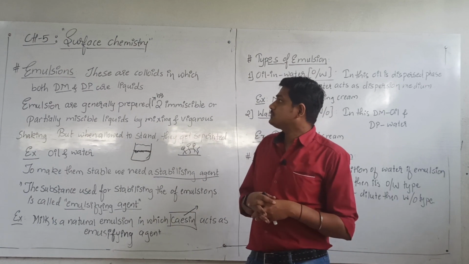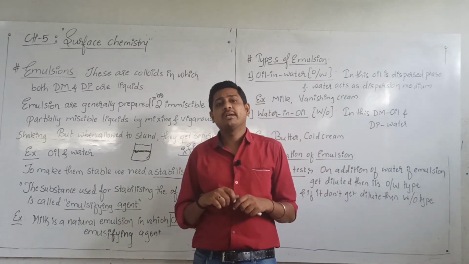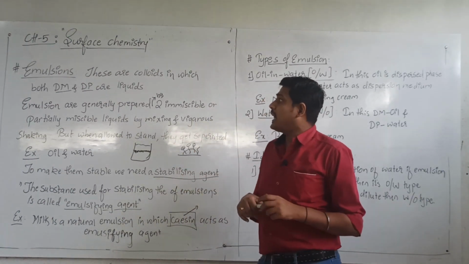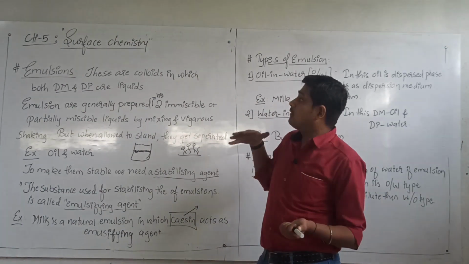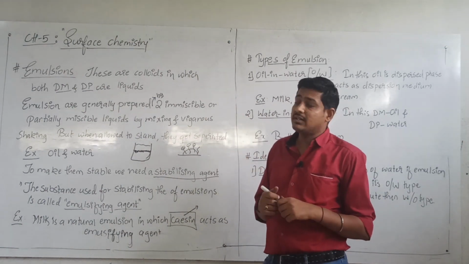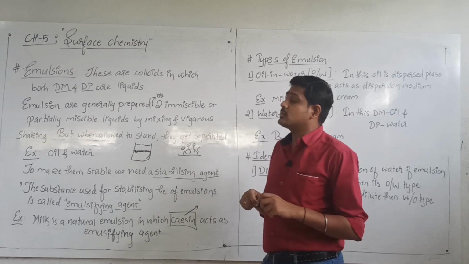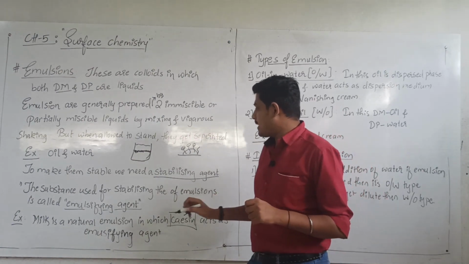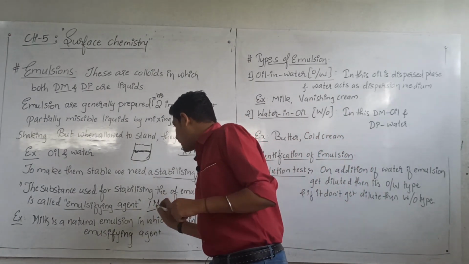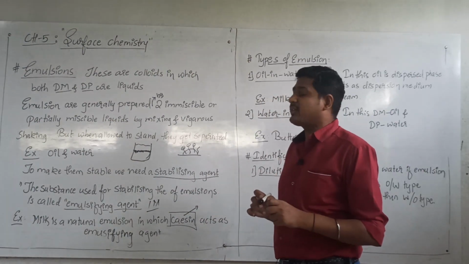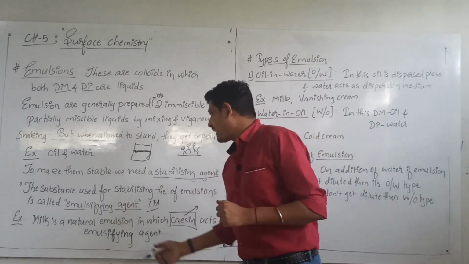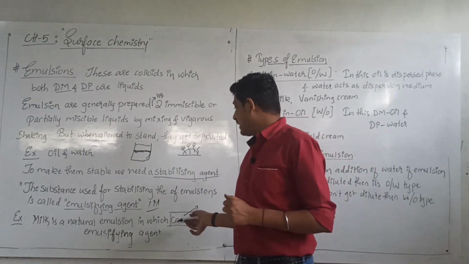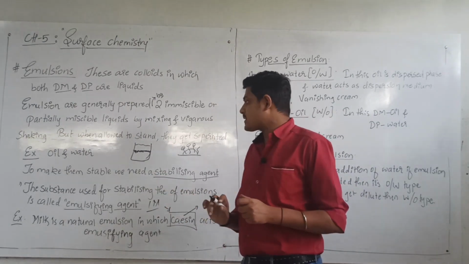Now we have completed the surface chemistry chapter, and I have discussed which parts can bring 1 mark and 2 marks questions. From emulsions, a 1 mark question will usually ask you to give an example for an emulsifying agent, or what the emulsifying agent present in milk is.